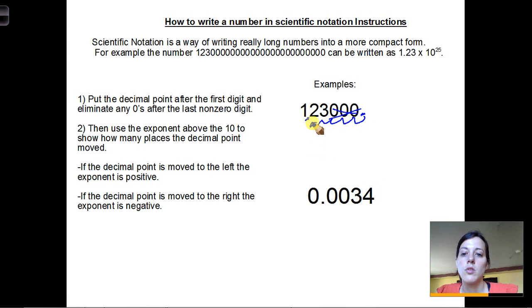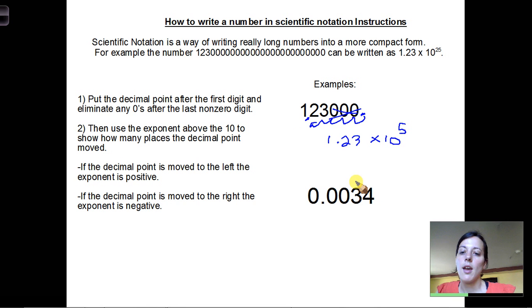So we are going to write this number in scientific notation as 1.23, and then the times 10 tells us how many times the decimal spot moved. And we just counted, we moved it 5 times. And we made it a positive number. So when you are moving the decimal spot left, the exponent will always be positive.